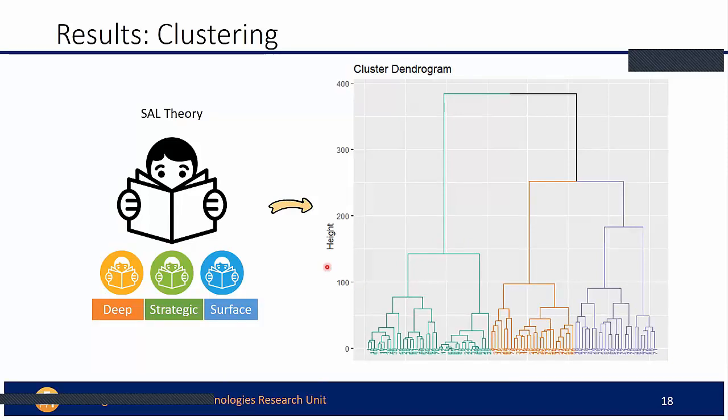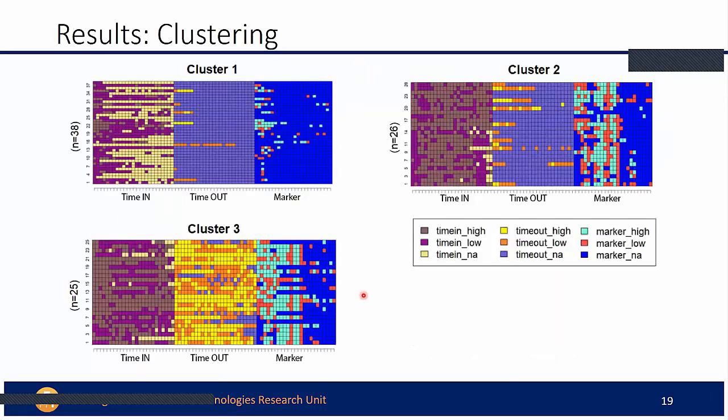After that, here we visualize the data from these clusters. Here we got these 3 clusters, and in each cluster you can see the students, and you can see their level of activity from the colors here.